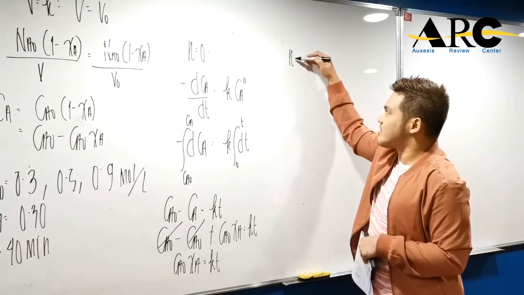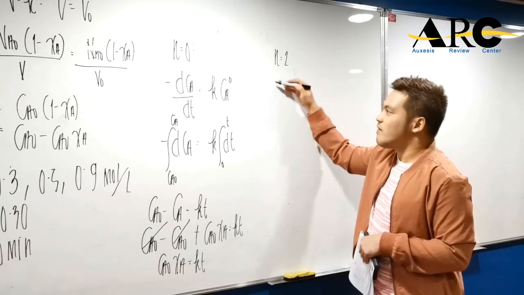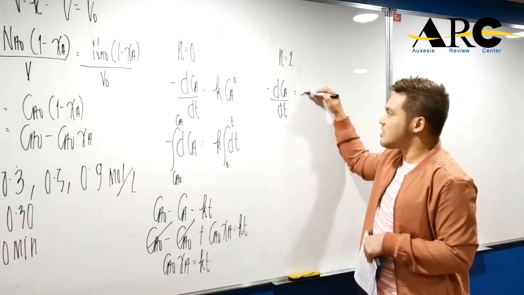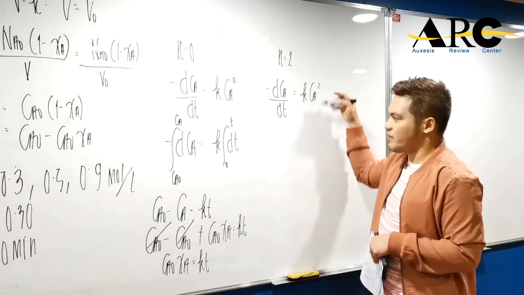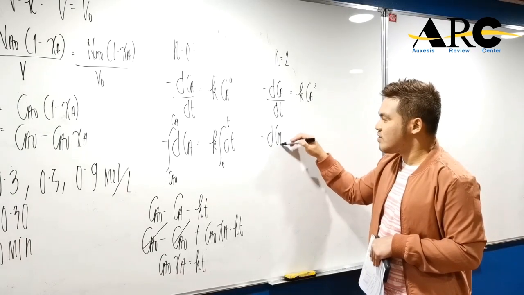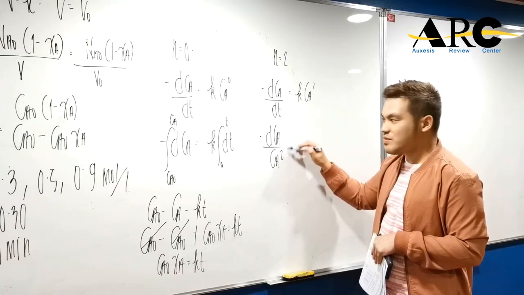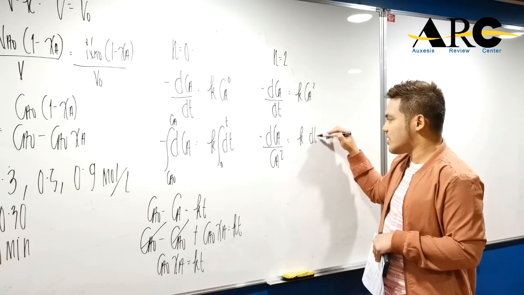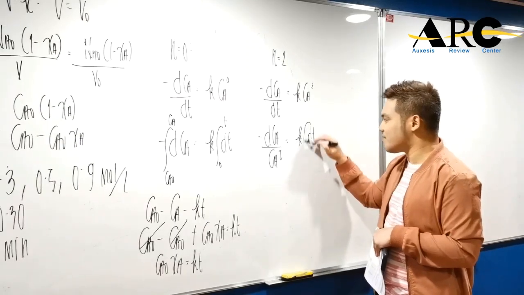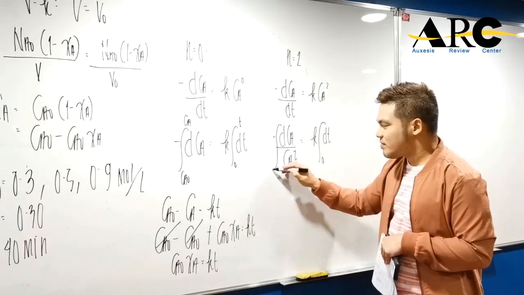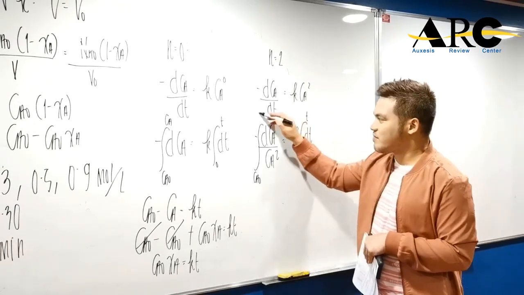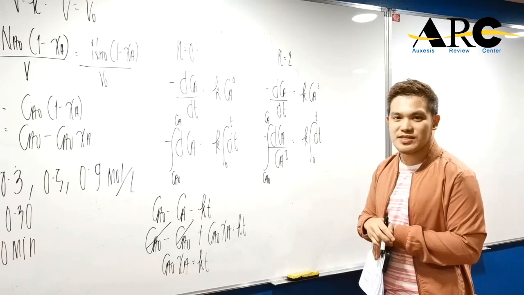So try naman natin na second order yung reaction. For second order, negative dCA over dt is equal to k CA squared. So separation of variables, negative dCA over CA squared is equal to k dt. For batch reaction na nakadepende ang concentration sa time, at time 0, ang concentration natin ay initial concentration. At time t, we have final concentration CA.